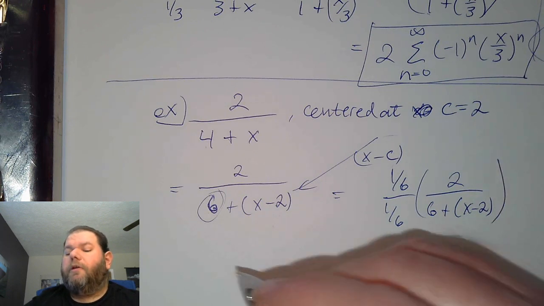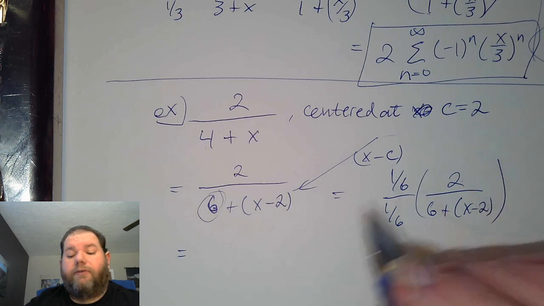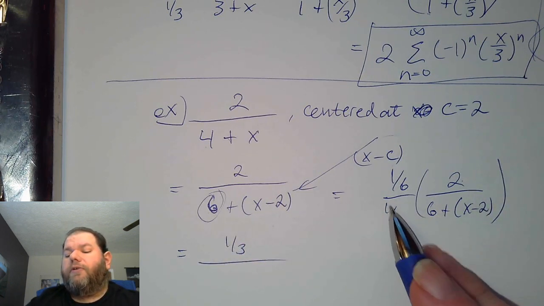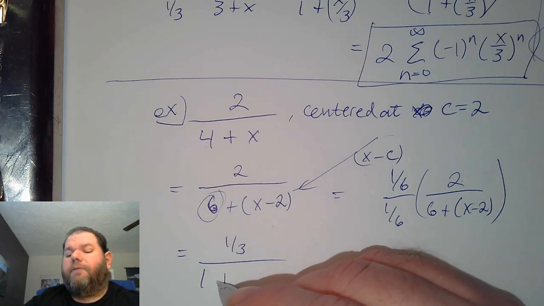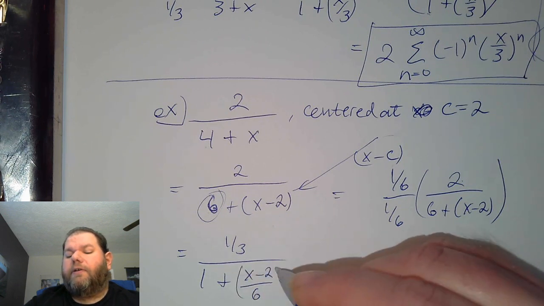Okay. Now on top, 1/6 times 2, or 2 over 6, we know that's 1/3 in the numerator. Now the denominator, 1/6 times 6 is 1. And then we'll have plus x minus 2 over 6.